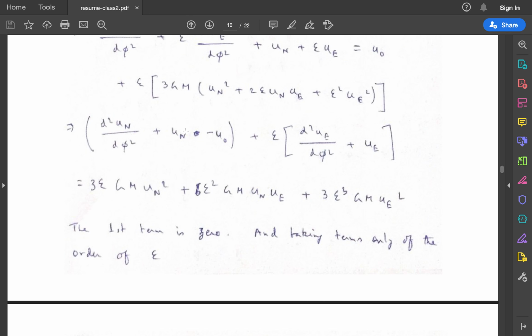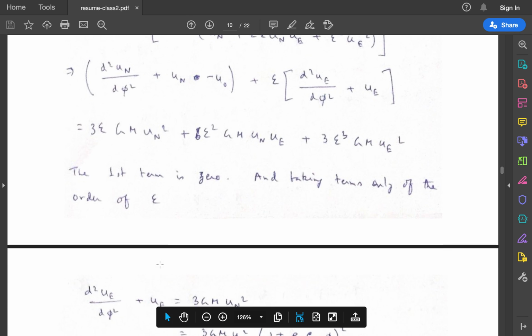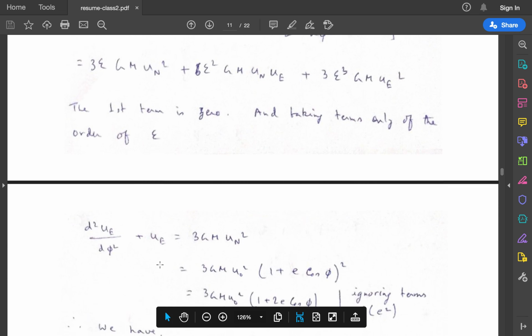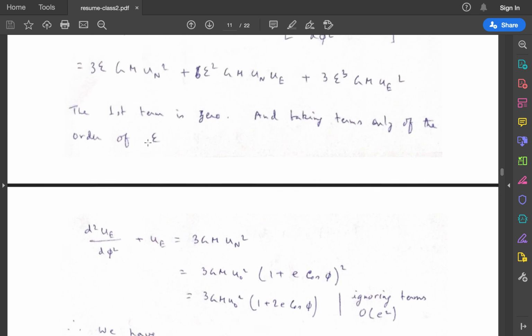The first term is 0, as I have told you, and we take only terms up to the order of epsilon, because we are only considering epsilon equal to 1. We are considering that the GR correction is also of the order of epsilon equal to 1. If I group the terms of the order of epsilon, then we have this equation.